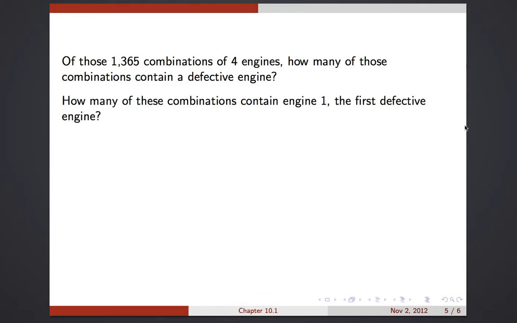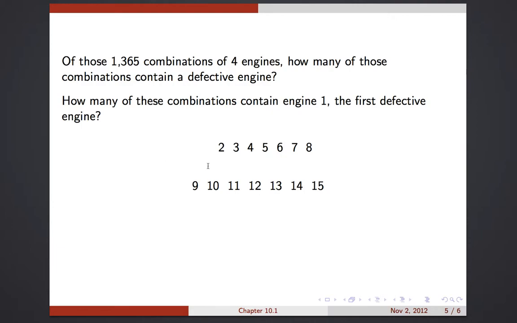And let's make this simpler for a second. We've already assumed that engines 1 and 2 are the defective engines. So let's just focus on a piece of this question. How many of these 1,365 combinations contain the first defective engine, contain engine 1? So here's our visual again. If we're thinking about samples of size 4 that contain engine 1, essentially we're saying engine 1 is already in our sample of size 4.